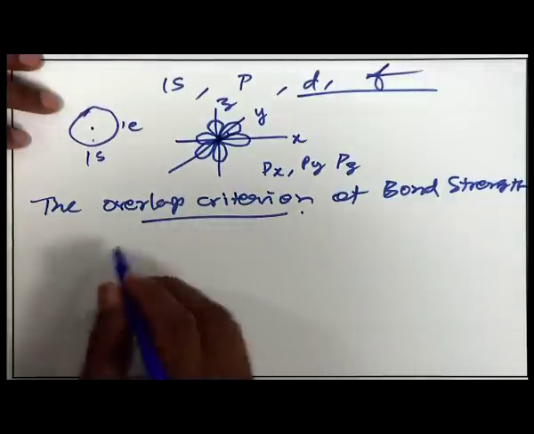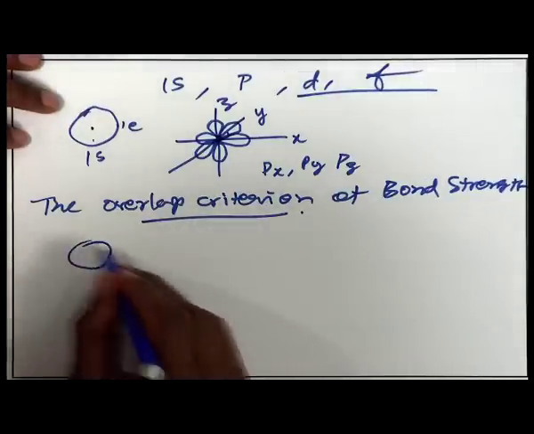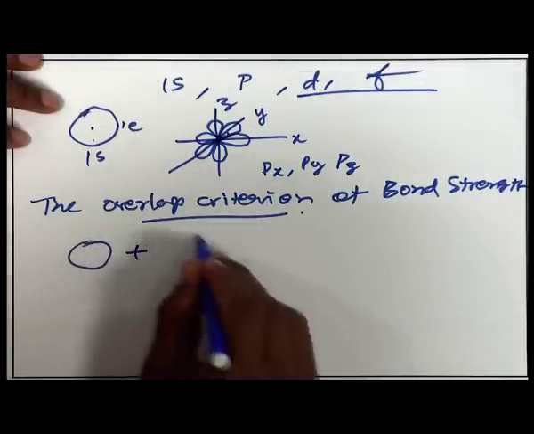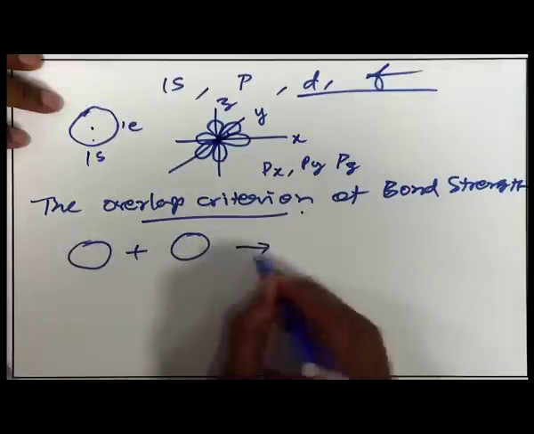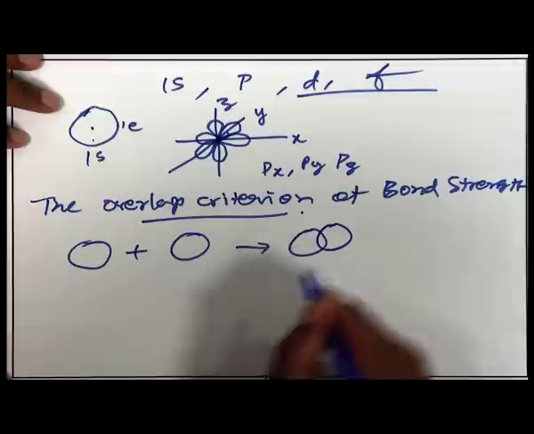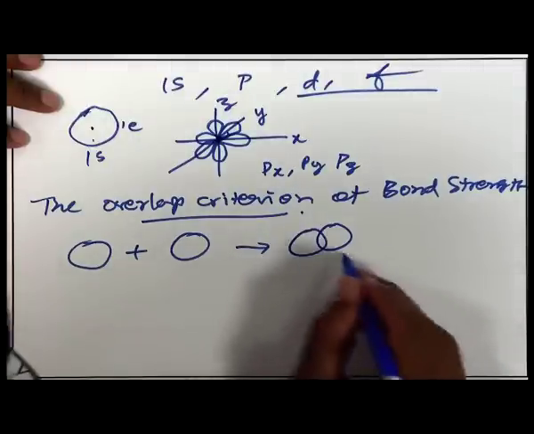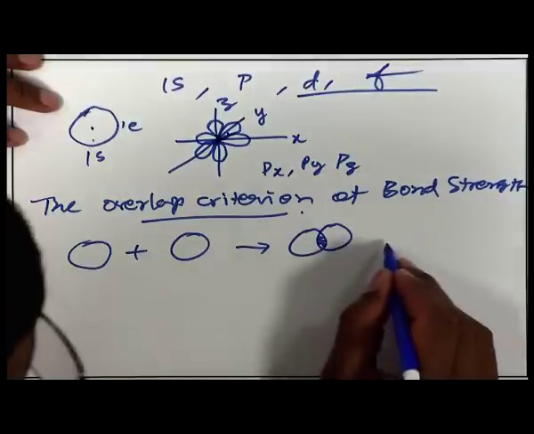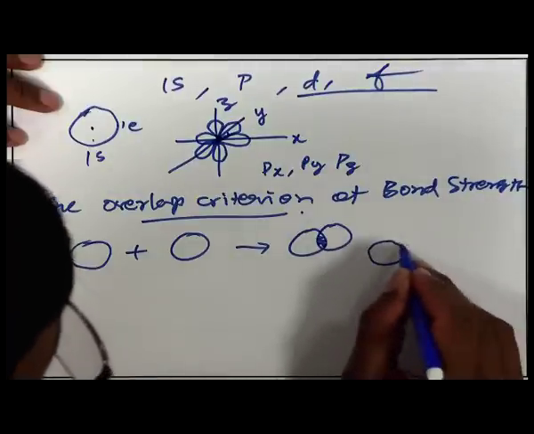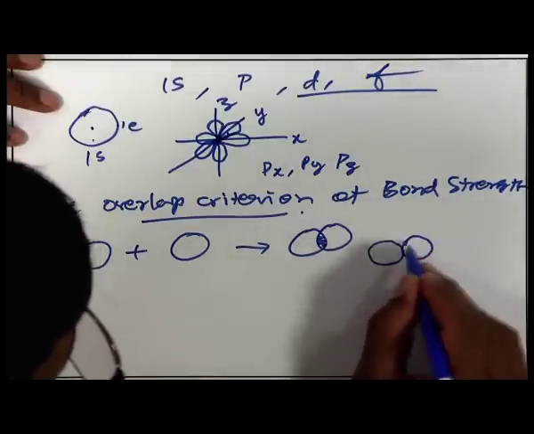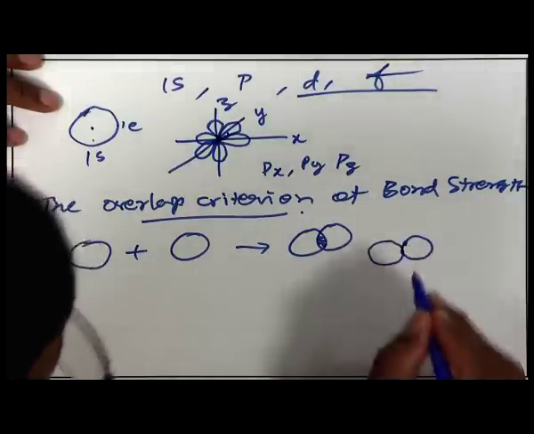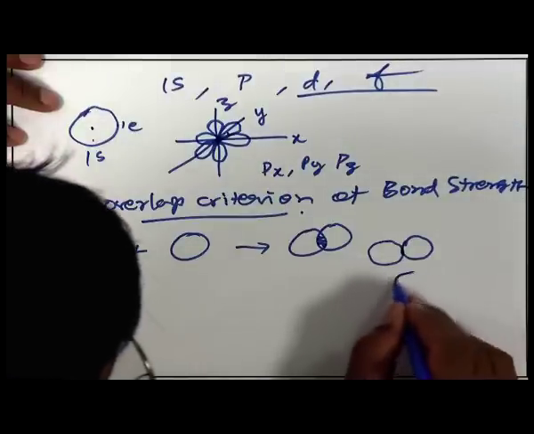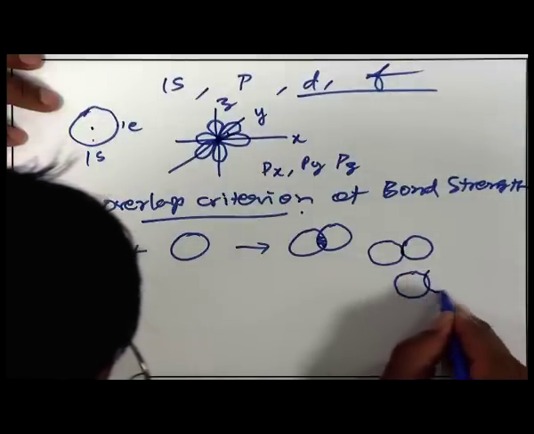That means you have a 1s orbital, for example, plus 1s orbital, which can give an overlapped bonding orbital. Suppose this much is the overlap. Suppose it is also possible to have an overlap this much, so the overlap here is very less. You can also have a situation like this, a little bit higher than this.